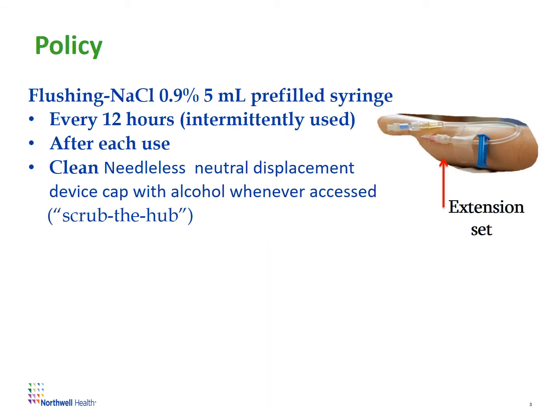Another part of the policy is about flushing or maintaining the patency. Usually, the flushing solution is 0.9% normal saline, and we use a pre-filled 5 ml syringe for flushing. Flushing is done every 12 hours if the PIV is utilized intermittently, and the line should be flushed after every time you access it or use it.